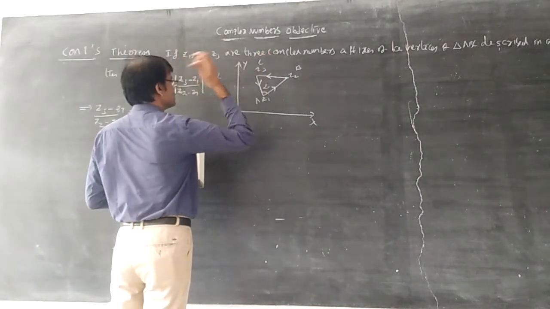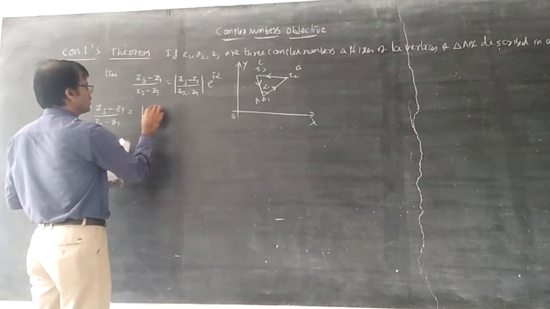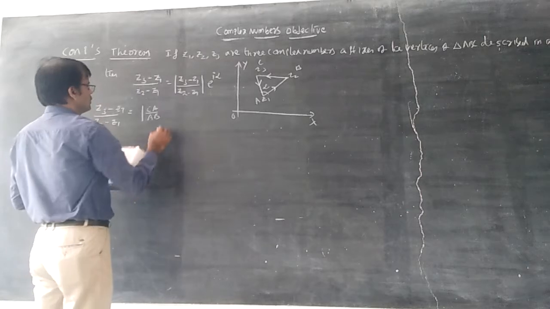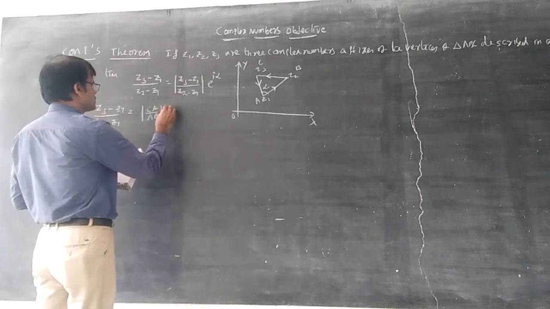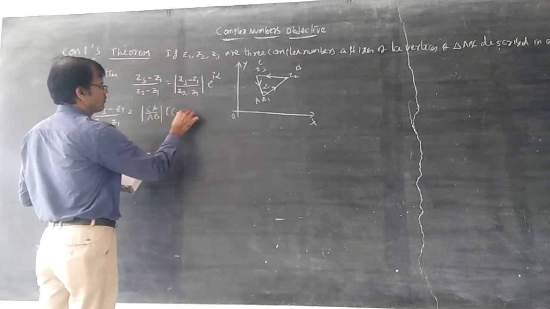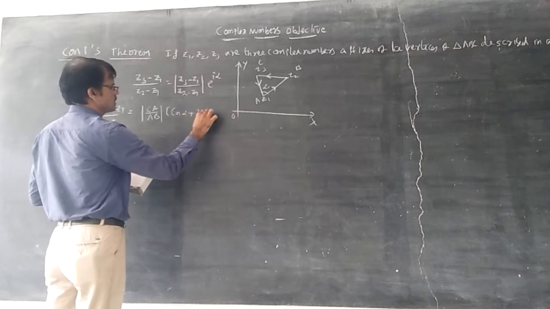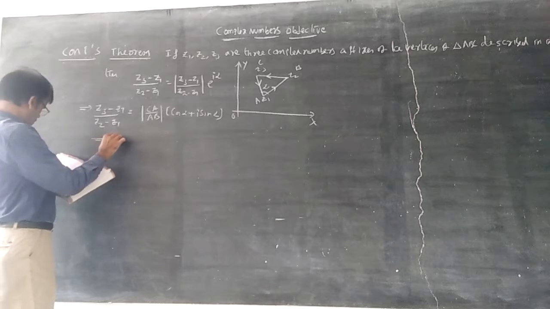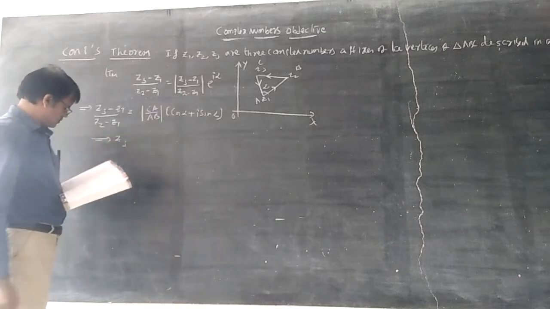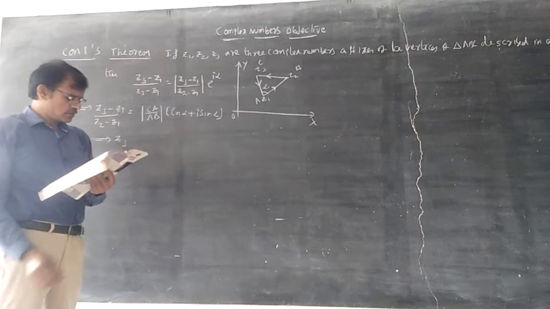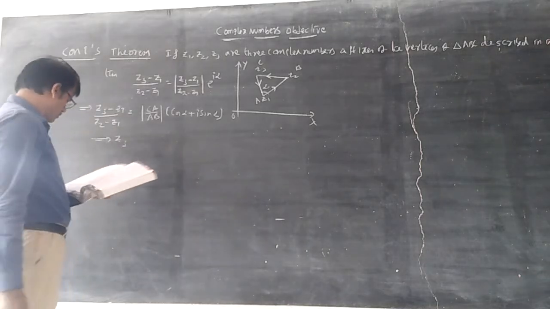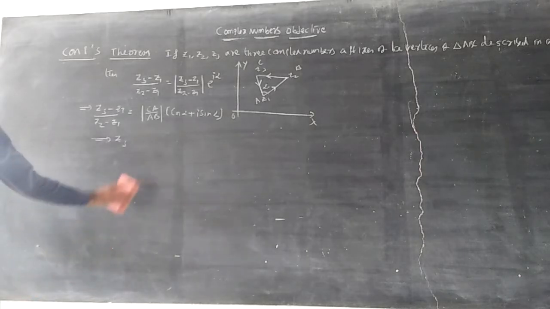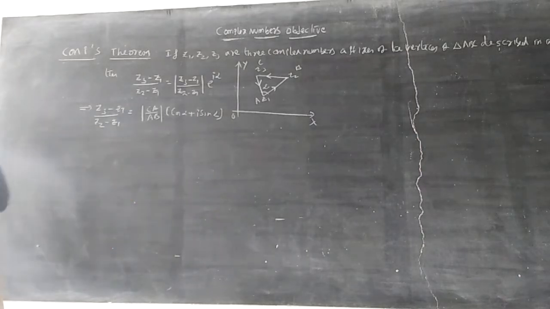I said this is C, so you can write modulus of CA by modulus of AB into e power i alpha, meaning cos alpha plus i sin alpha. That implies z3 minus z1 by... Let us apply for a vertex as 0; let us write a note.